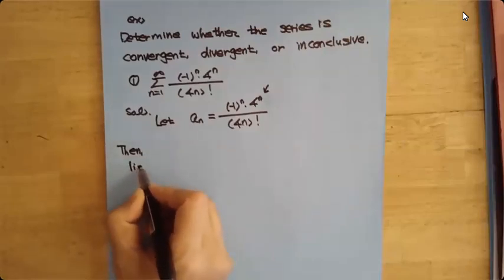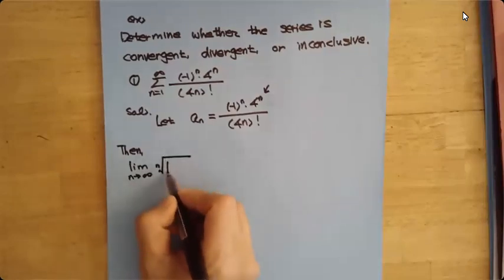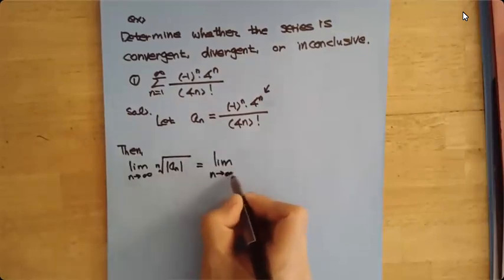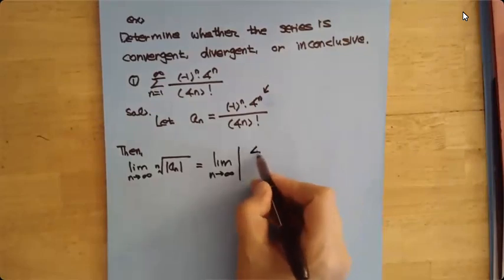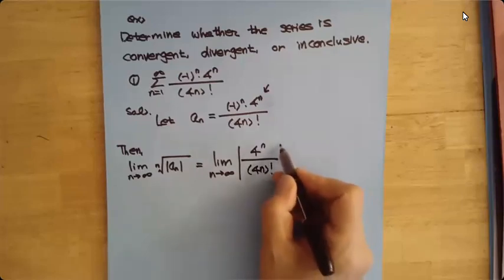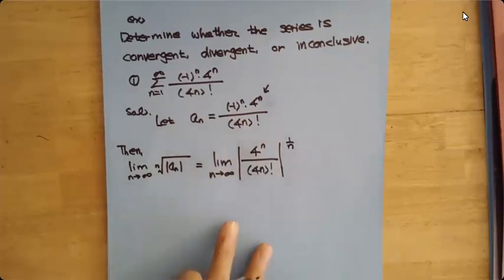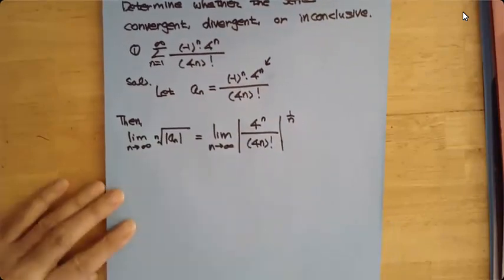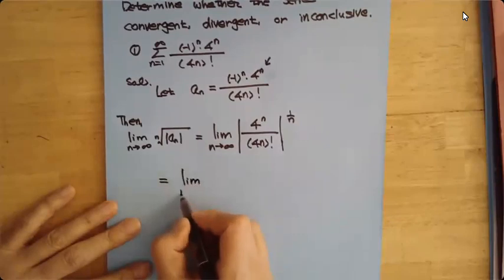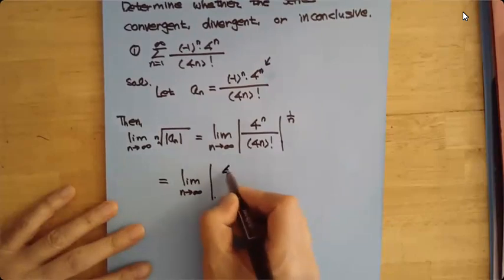So we will use the root test. The nth root of the absolute value of a_n equals limit n goes to infinity, (4^n over (4n) factorial) to the 1 over n power.